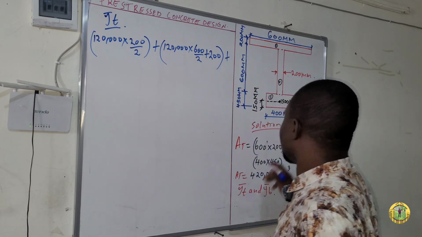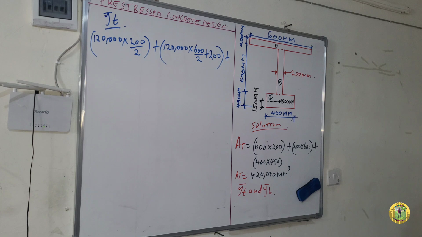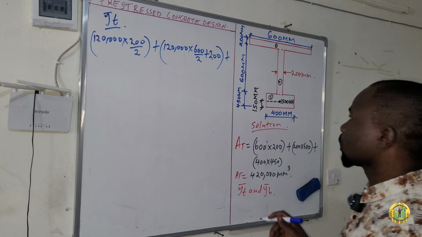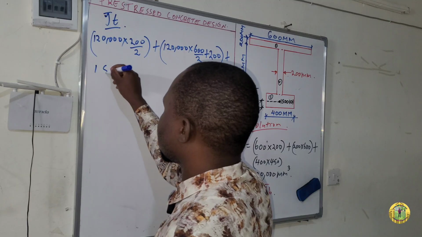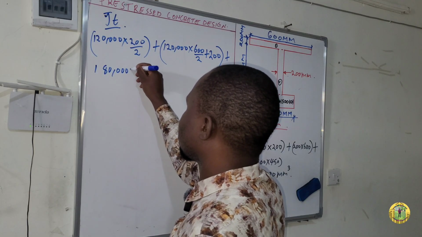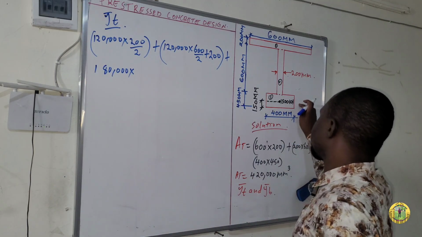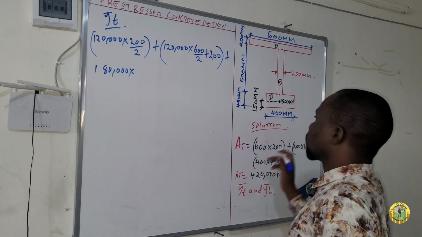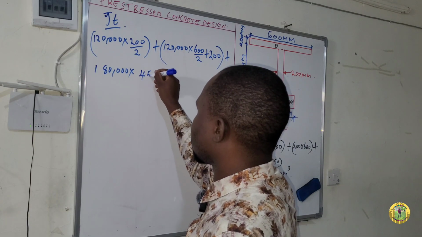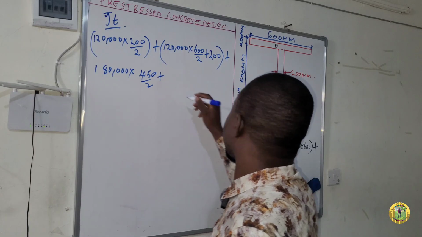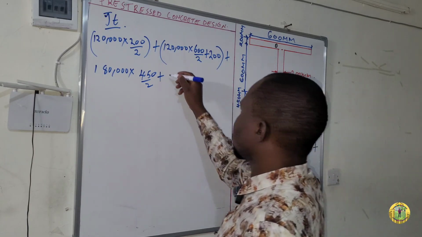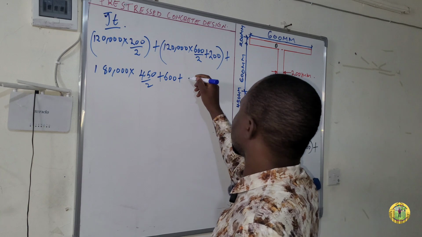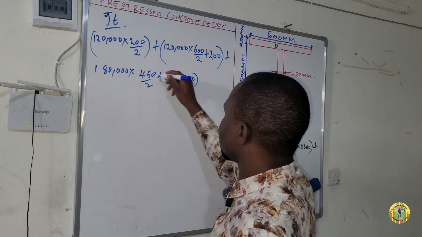Again plus, we come to this one. The area will be 400 times 450, so this is 180,000, plus 180,000 times half of this width, which is 450 over 2, again plus 600 plus 200.